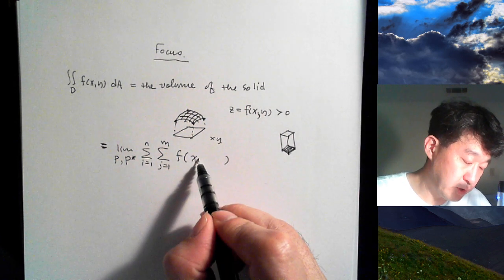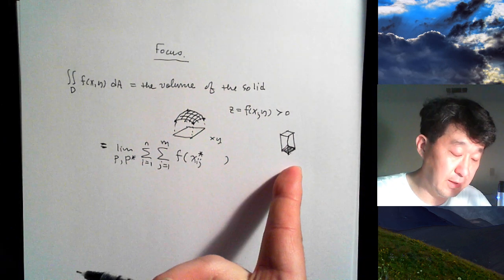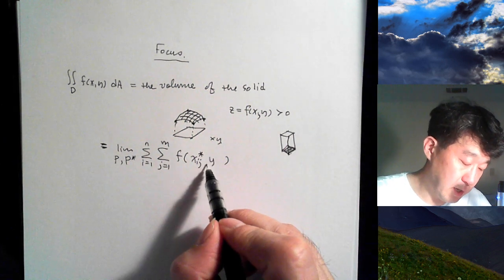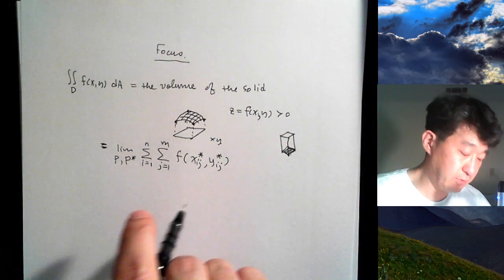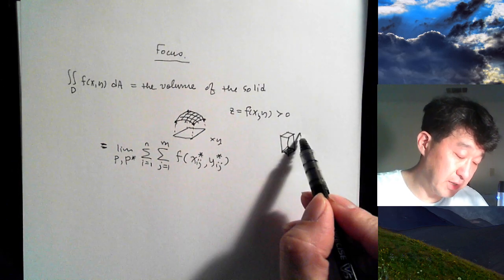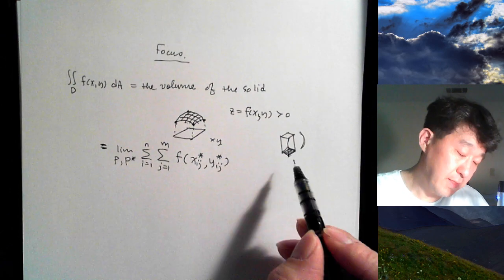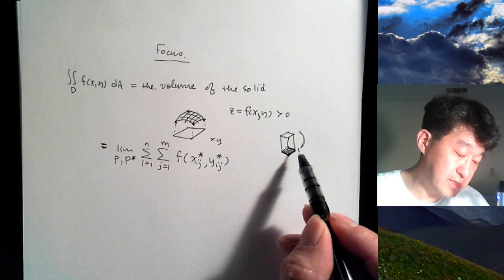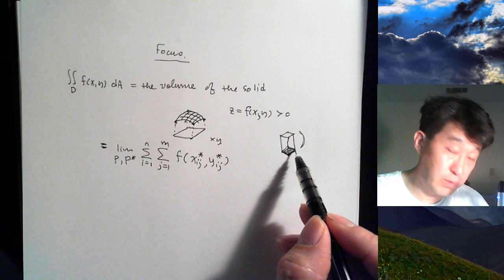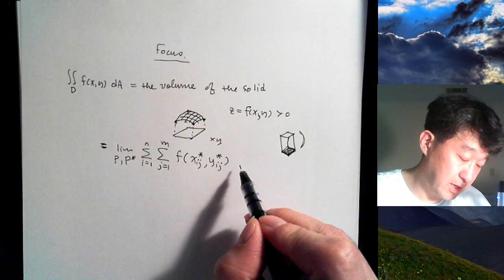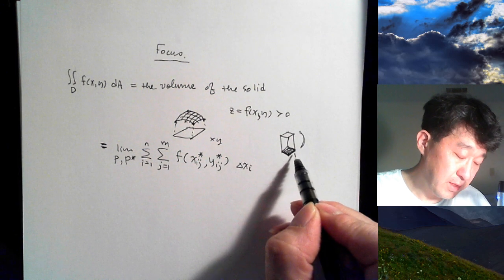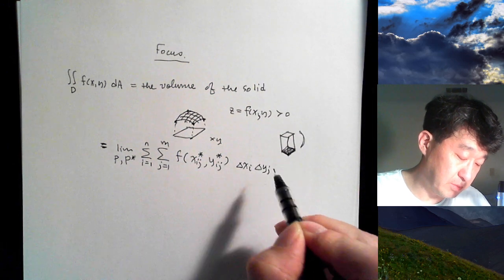We're going to choose a special point inside each rectangle, and we usually specify it, or whatever, a random choice. So that's going to be the height of this part. And then we're going to multiply this side and that side. So the product of these three quantities will be the volume of this thing. So you write down this side must be delta x i, that side must be delta y j.